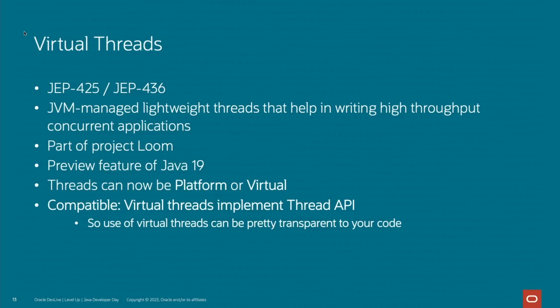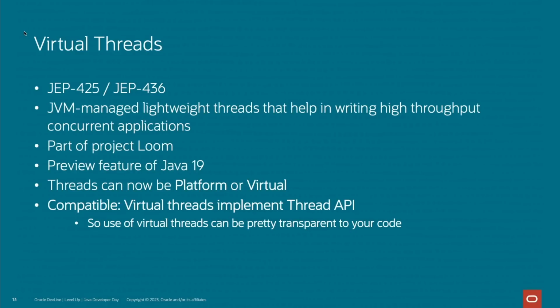Those are the proposals for virtual threads in Java. Virtual threads are JVM-managed lightweight threads that help in writing high-throughput concurrent applications. If you've heard of Project Loom, they are a part of Project Loom. And as I said, they became a preview feature in Java 19.